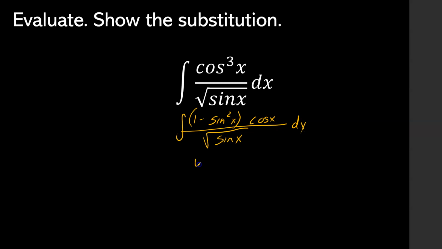So what can we do here? Let's see what happens if u is sine of x. So that would be the indefinite integral of 1 minus u squared over the square root of u, and then du. Well, that looks cleaner. Can we do the derivative of all of that? Should we substitute again? No. It's just powers. The indefinite integral of u to the power negative 1/2 minus u to the power 3/2 du.